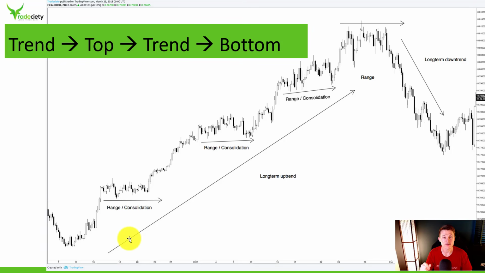And you will find it whether you trade Forex, stocks, commodities, even cryptos, you will see this rhythm. We are looking at a long-term uptrend, but in those long-term uptrends, we are looking at small waves into the trend direction, and then we're looking at ranges. And as I said, ranges can come in many different forms. They can be sideways, they can be against the trend direction, they can be triangles.